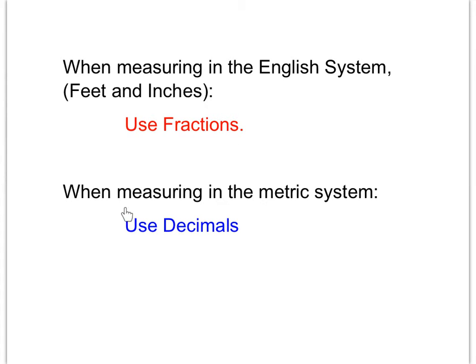If you're measuring in the metric system, meters, millimeters, centimeters, decimeters, kilometers, use decimals. That makes the metric system much easier than the English system because everything comes in units of 10. So use decimals when we're using metric.